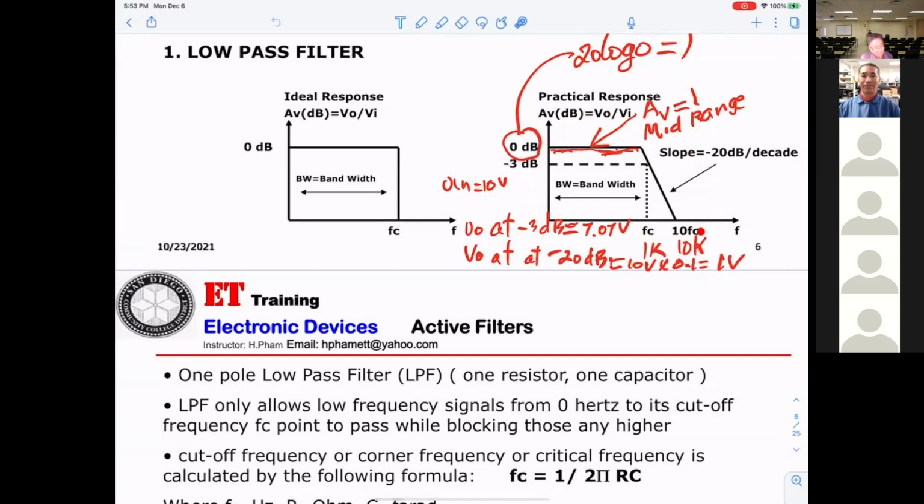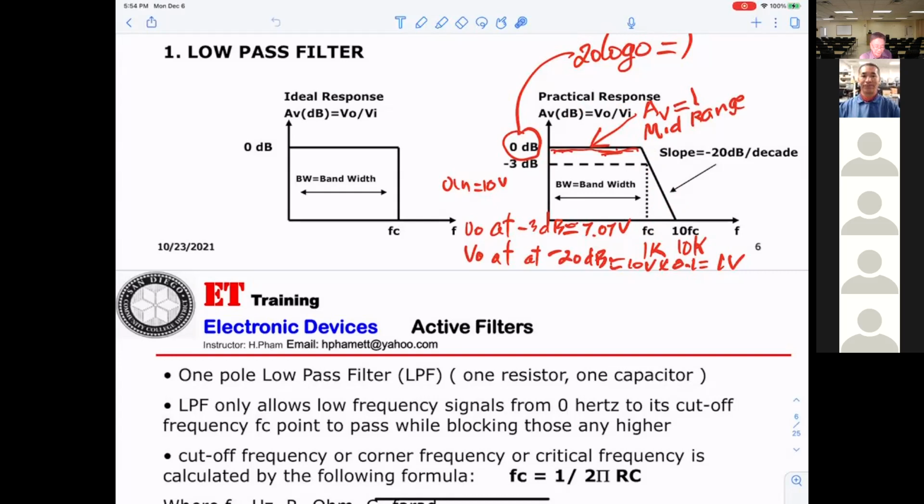Okay, now the answer will be, this is the output of the low pass filter. See that? This has to be an output or response of the low pass filter.